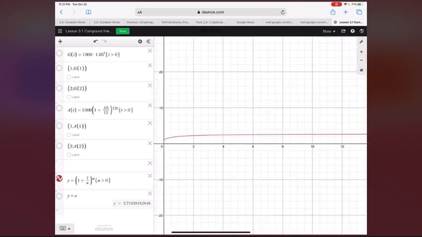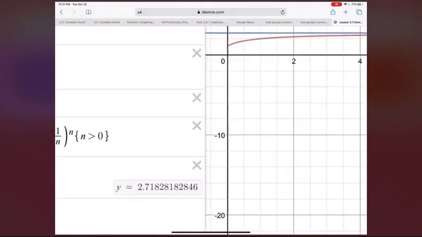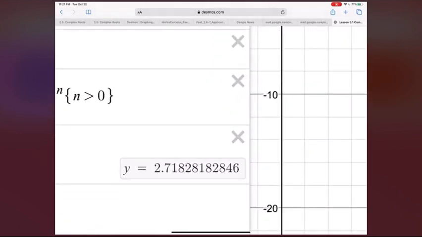And it turns out that the horizontal asymptote of this function is y equals e. And e is the number 2.71828182846, etc. It's a real number that is irrational. It's similar to pi in this way.